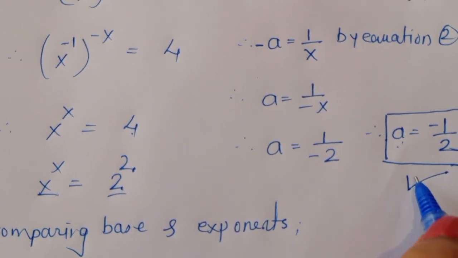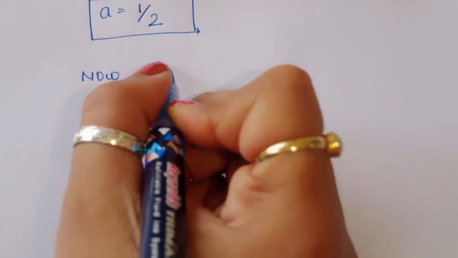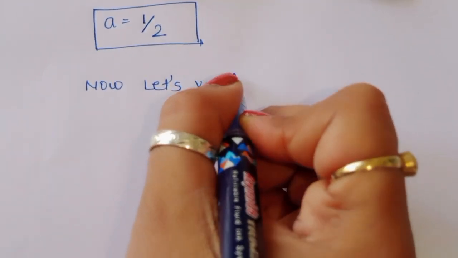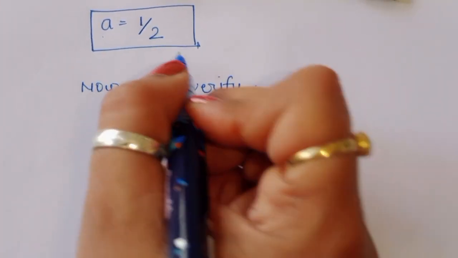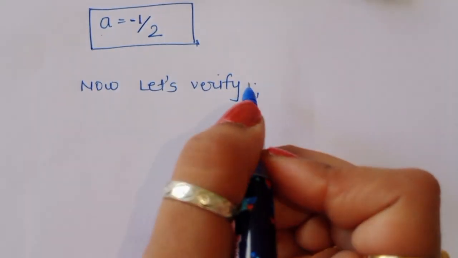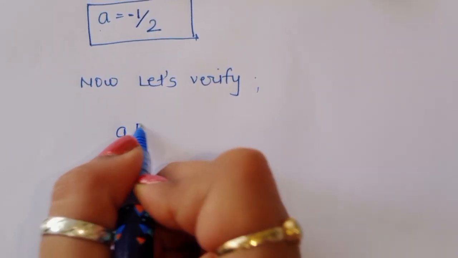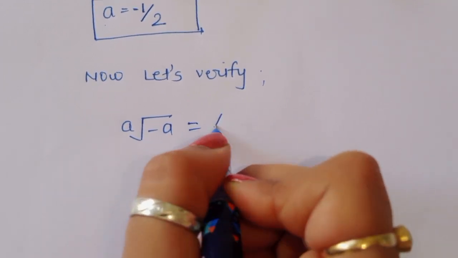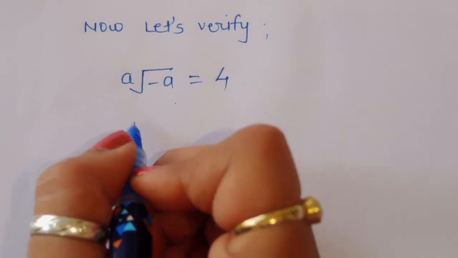Now let's verify whether this is correct or not. The value of a is -1/2. The question is given as a^(√(-a)) = 4.